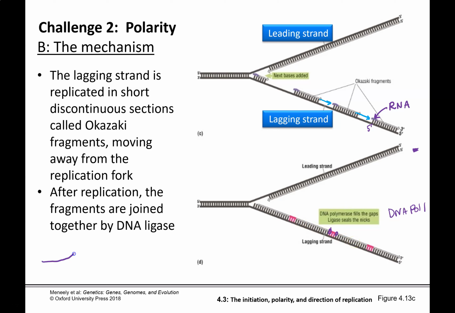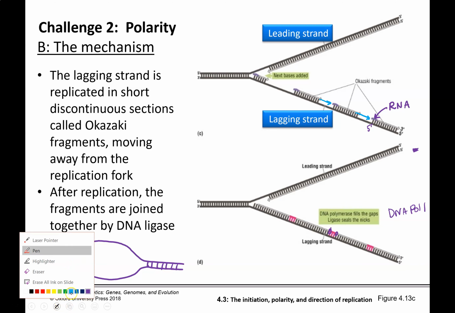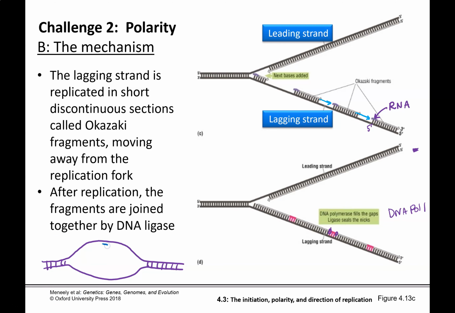Now I want to mention here that remember that this is a bubble, and so you have the same thing happening on the other side. And in fact, if you start at the origin and you make a leading strand in a, sorry, this is backwards, 3', 5', in a 5' to 3' direction, you get your leading strand on the top.